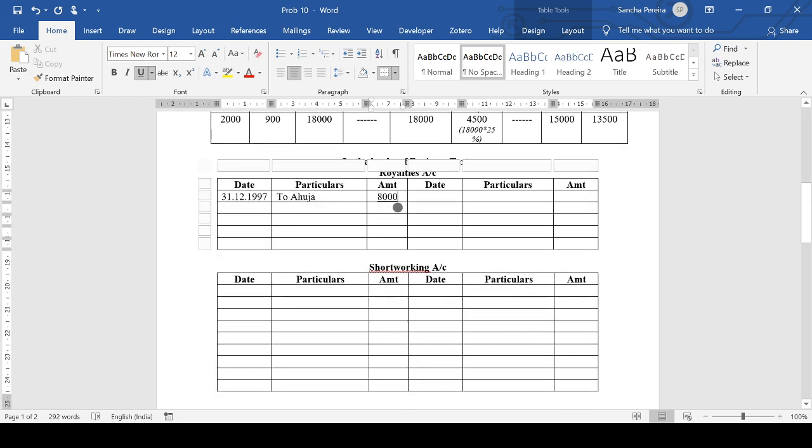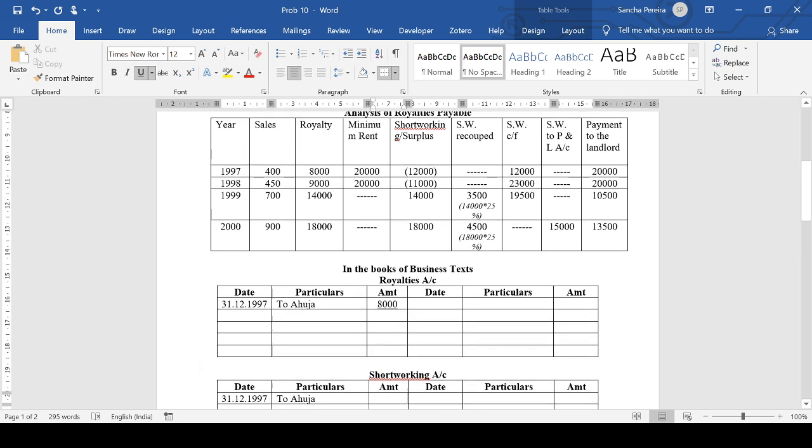Similarly, short working account debit to landlord, on the same day, 31st December 1997, to Ahuja, the amount of short working is 12,000.